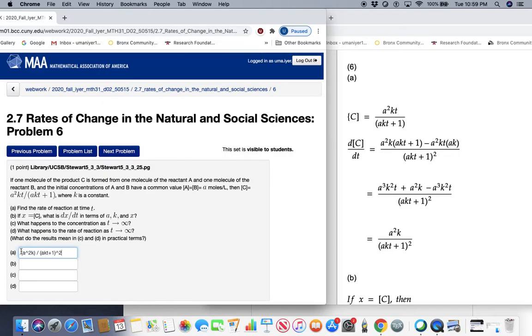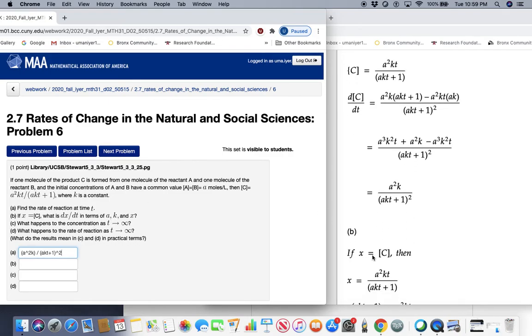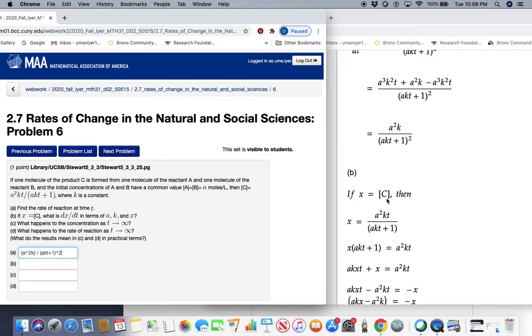to the power 2. That's part one. If x is the concentration of C, what is dx/dt in terms of a, k and x? So notice they want dx/dt without t. If x is the concentration of C, then x can be written as this function.